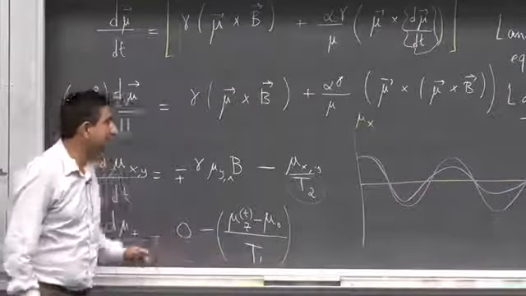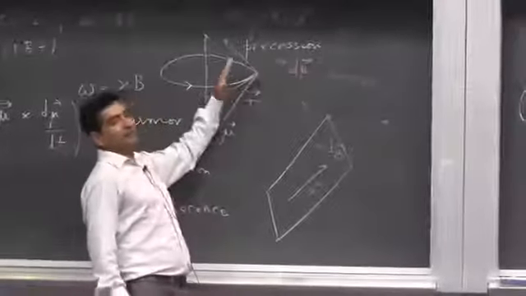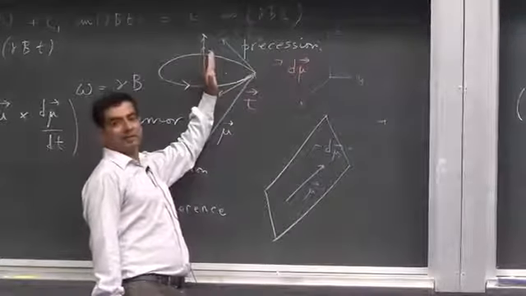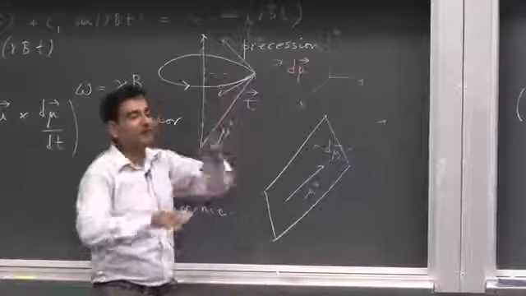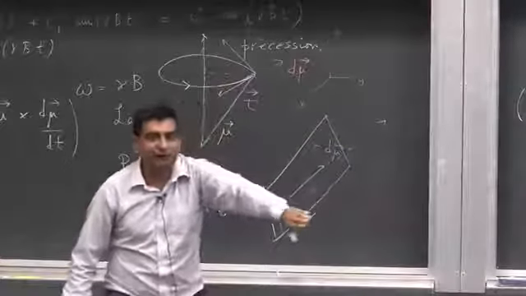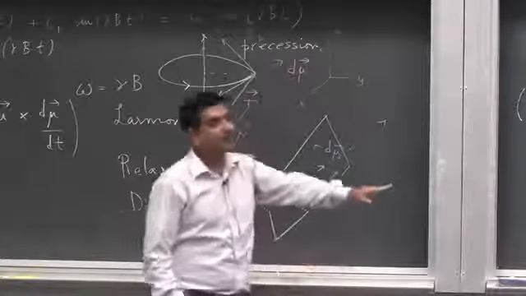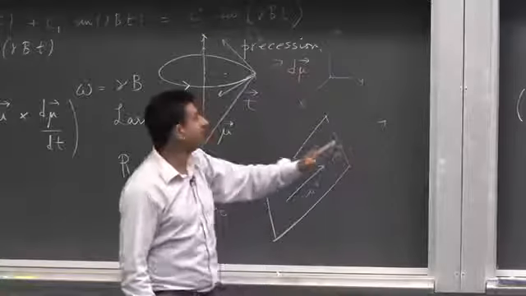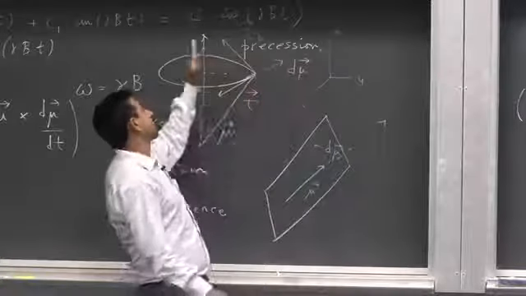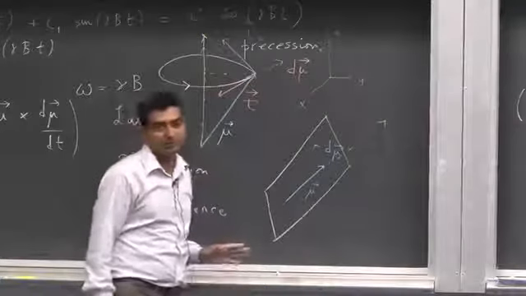This will tell me how fast is my magnetic moment approaching its equilibrium state. The T2s are giving me, if I have mu x, how fast is that mu x decohering with time. And T1 is giving me the spin lattice relaxation, which is telling me how fast is my magnetic moment resorting back, equilibrating, coming back to its equilibrium position.